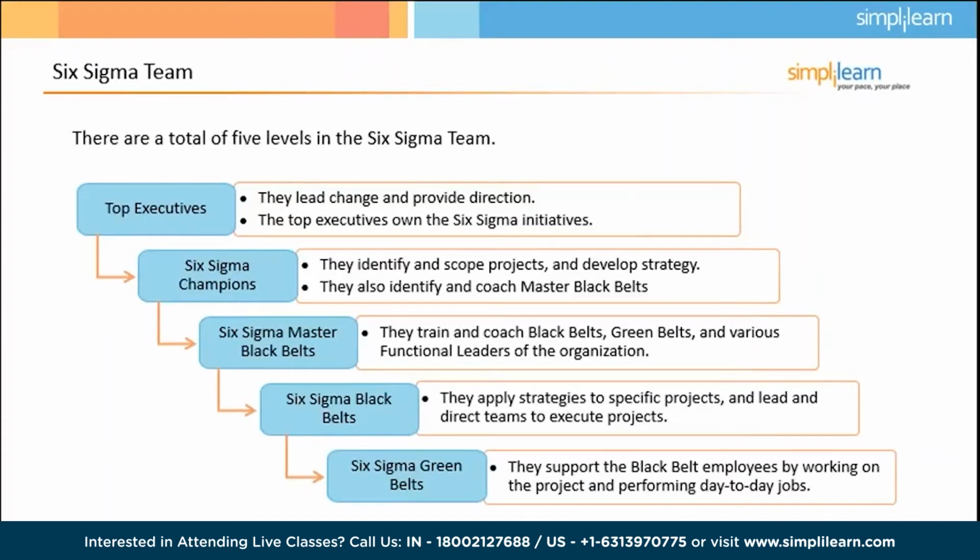Now, there's no one single model that says this is the only way you can implement a Lean Six Sigma team. However, this is a very good overview of what most successful organizations look like. Whether they call these roles by these names can vary, but essentially they function as outlined here. So, you'll have top executives that will lead the change and provide direction.